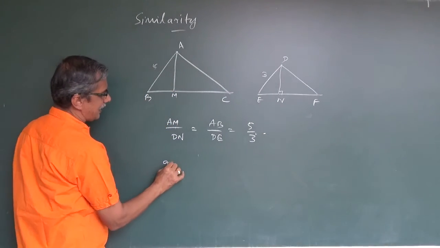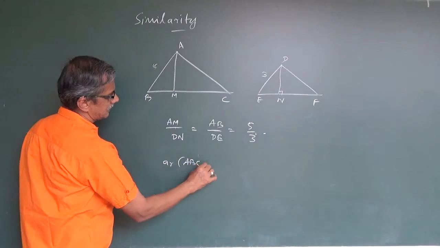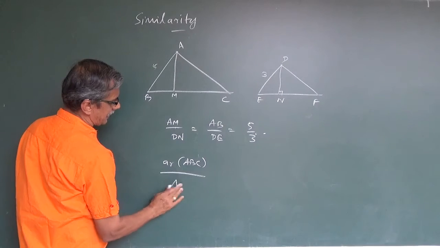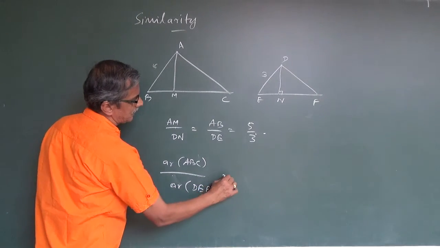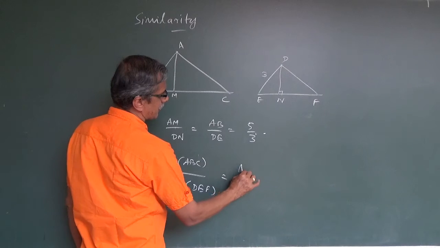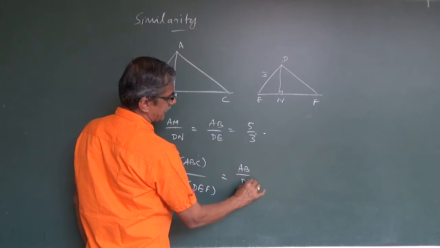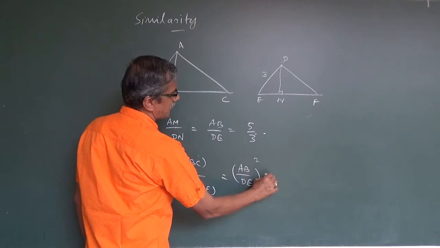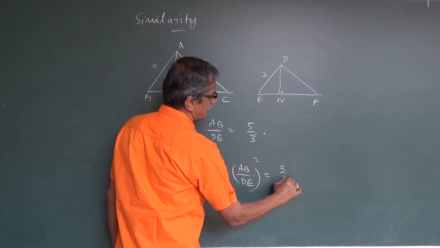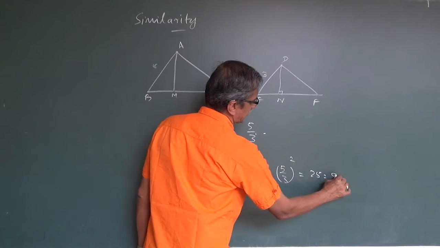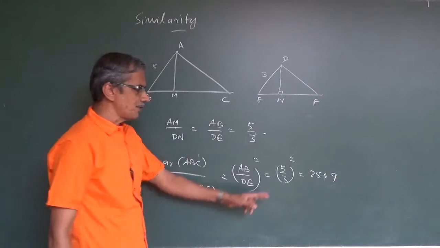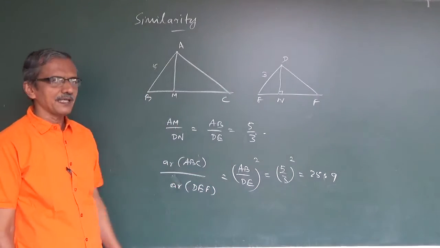And area ABC by area DEF will be equal to square of this ratio, AB by DE whole square, which will be 5/3 square, which is 25:9, which in ratio form you have to write, which is 25:9.